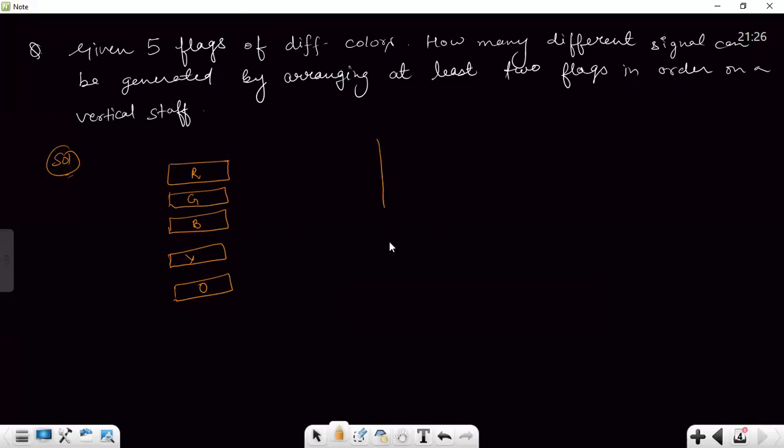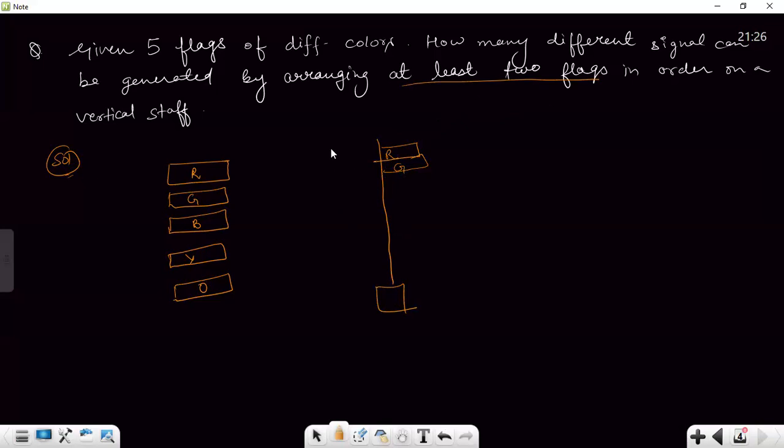There's a vertical staff, a pole on which we can arrange the flags, and we have to arrange at least two flags in an order. So red, green can be there to generate a particular signal.